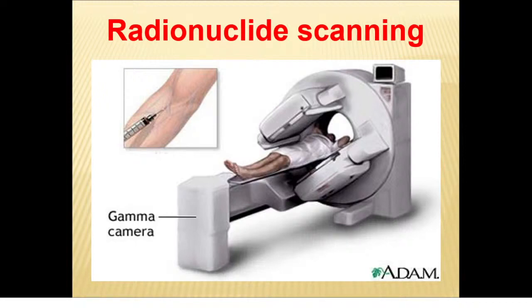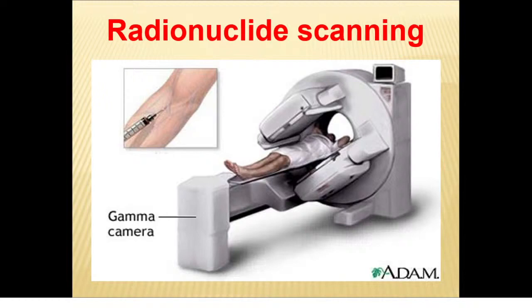We can see a special picture which helps assess the activity of the accumulated medicine. It depends on the activity of coronary circulation, and radionuclide scanning may be used for diagnosis of ischemic heart disease, angina pectoris, and also helps decide the question of the next order of treatment.